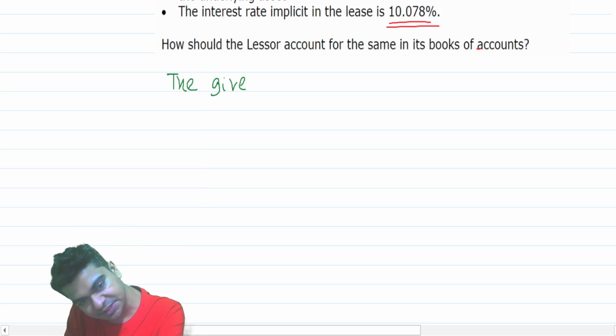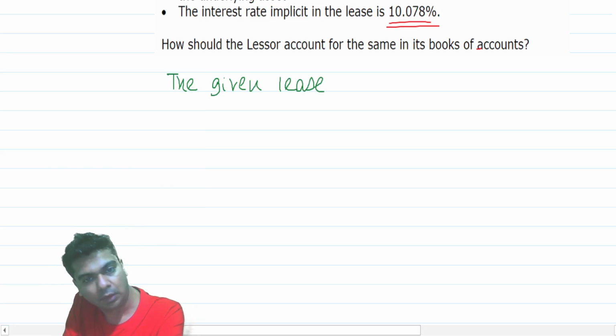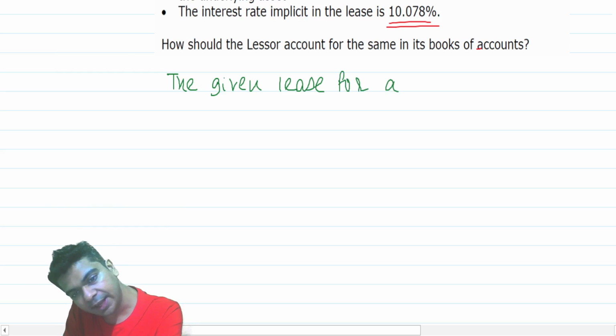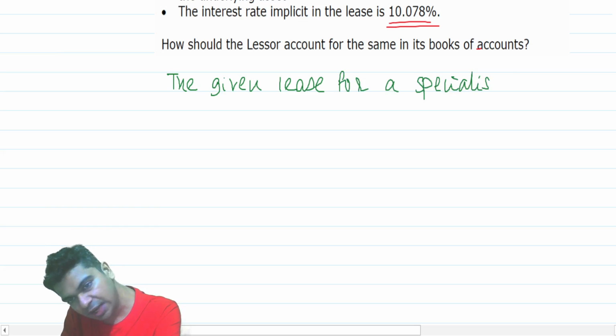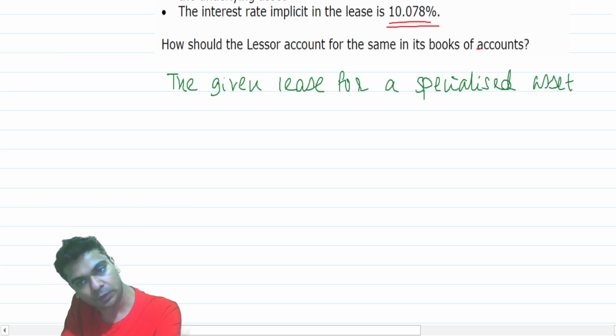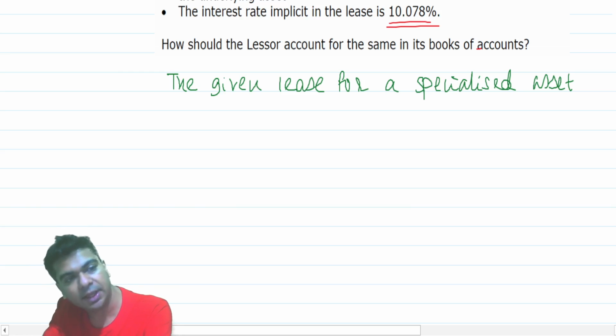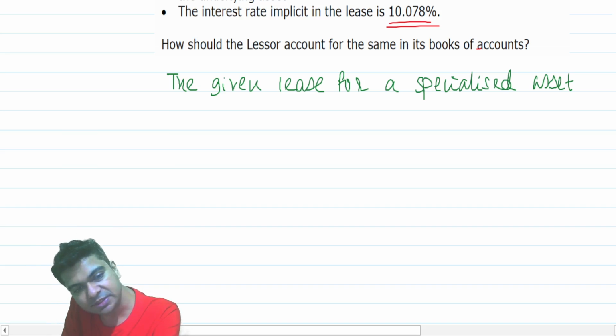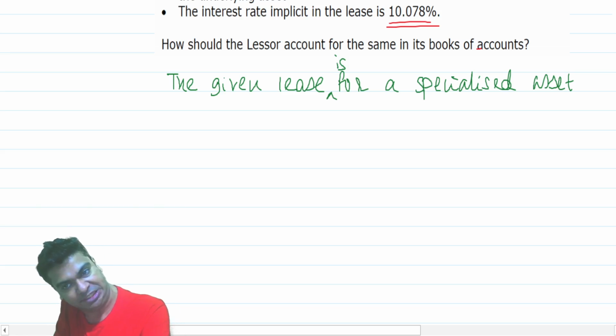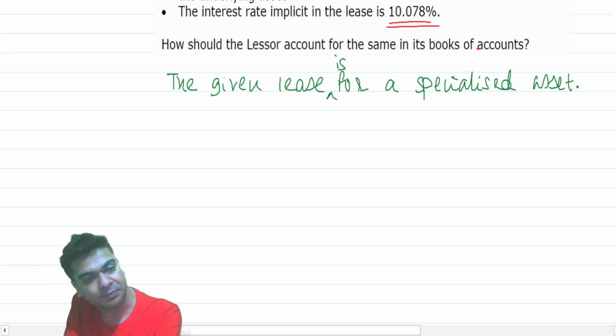The given lease is for a specialized asset.